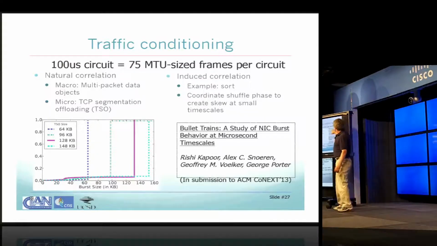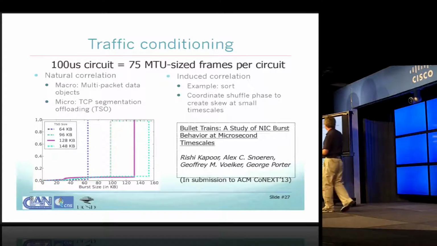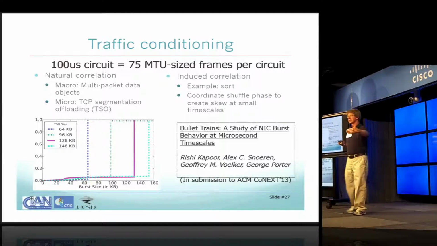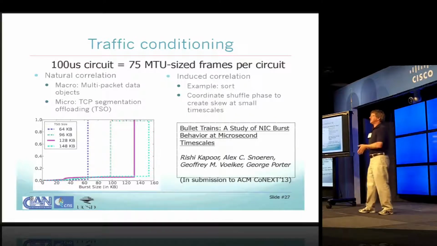But you can induce correlation. And what that means is you can actually get larger burst sizes. Remember that the burst sizes I showed before, from the hardware, were measured in tens of packets. These burst sizes are in kilobytes. So you can get significantly long bursts from your software through the network and still not have TCP/IP know what you're doing.